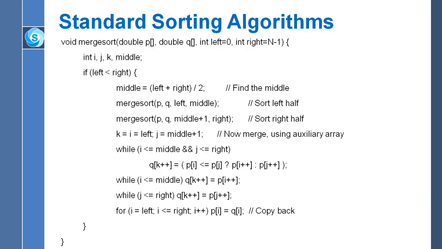All right. And now there are a couple local variables, integers, all of them: i, j, k, and middle. Okay? The body of the function is basically this conditional statement right here. If left is less than right, then do a whole bunch of stuff. Okay? It's only in the case when left is less than right that we need to do anything at all here.